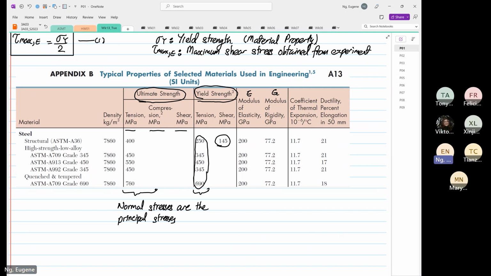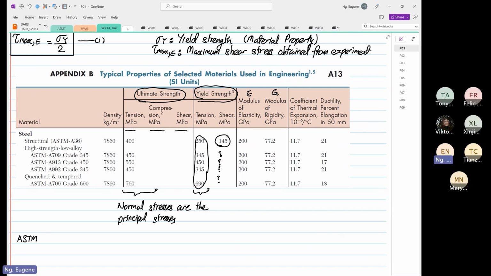Now, if you don't have data over here, you don't know any of this, you can make an intelligent guess using Tresca criteria. So let's pick an example.